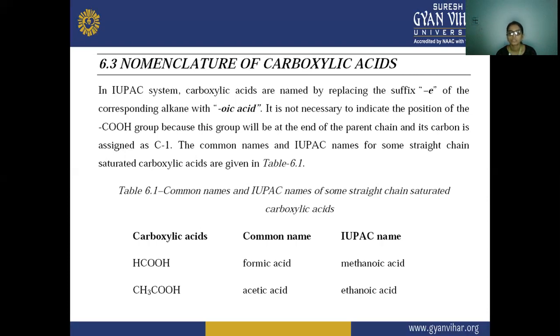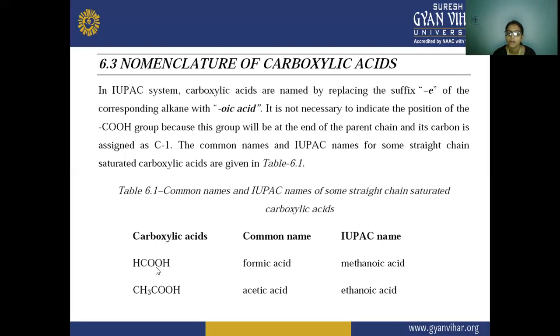Here you can see two names are given for HCOOH. The common name of this carboxylic acid is formic acid and the IUPAC name is methanoic acid. How is it named methanoic acid? As you can see in this structure, this is H and this is COOH.